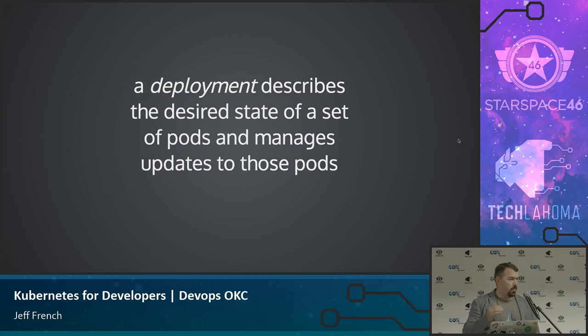So what that means is if I want to define this pod and a set of volumes and everything, that's all fine and good, but I might need to run more than one of them, right? Maybe my app is popular and I need to run 5 web servers to handle it. Well, rather than creating 5 different pod specs with different names on my own and managing those, I can create a deployment.